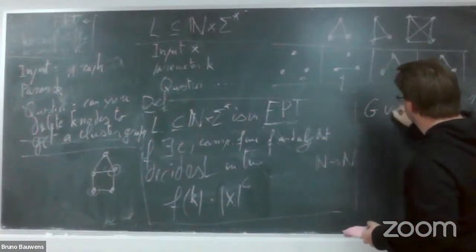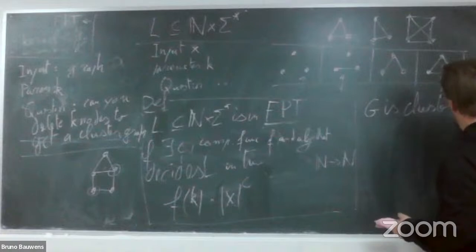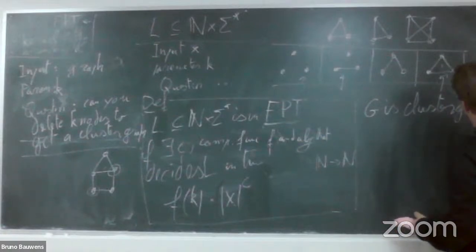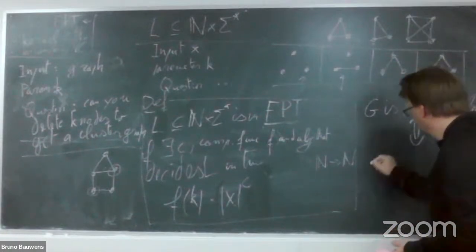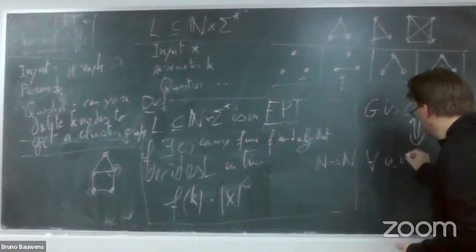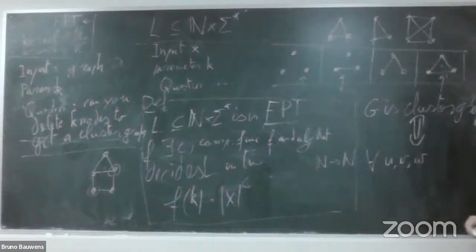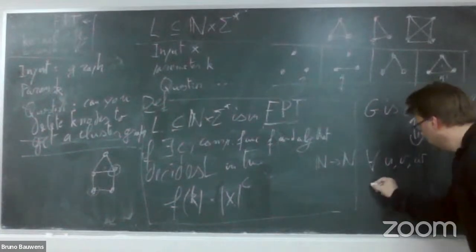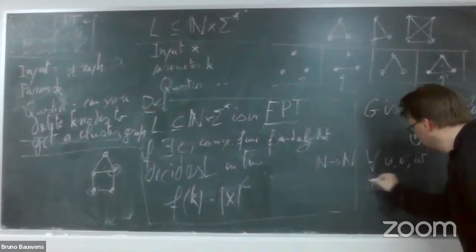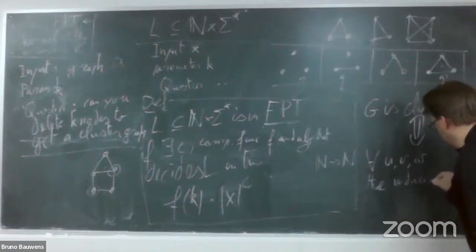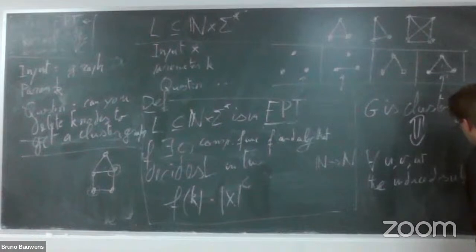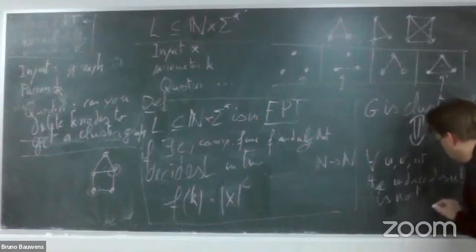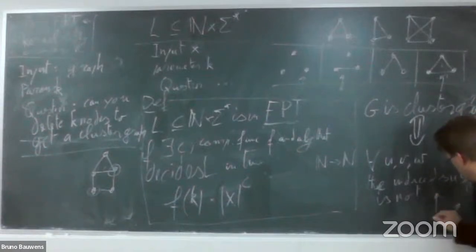A graph is a cluster graph if and only if for all U, V, W, the induced subgraph is not this path on U, V, W.